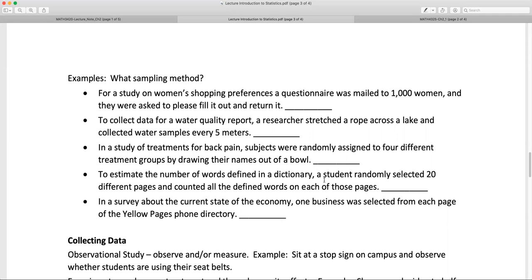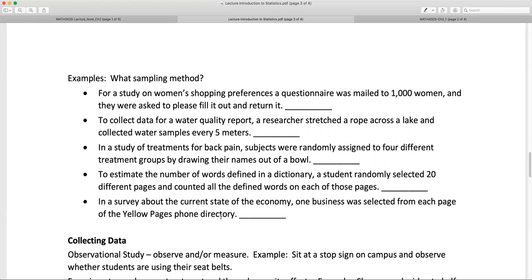And then the last one: in a survey about the current state of the economy, one business was selected from each page of the yellow pages. Each yellow page has many businesses' contact information, so each page can be considered a group.